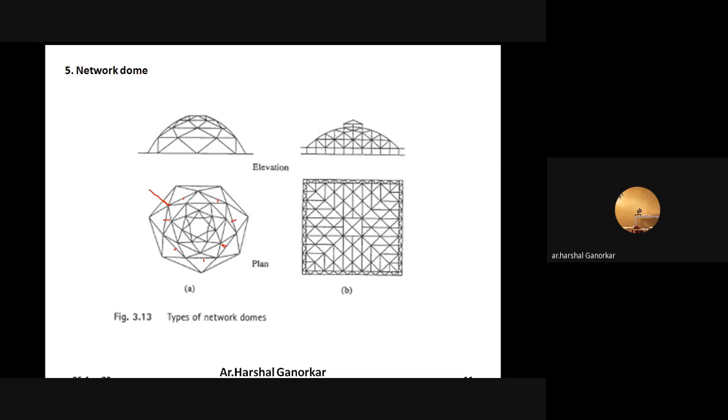Because of that angle twist, the corners of the upper ring are going to be at the mid portion of the bottom ring. Here we can see, this corner is at this midpoint, this corner is at this midpoint, and this corner is at this midpoint. Likewise the upper corners are also like this.